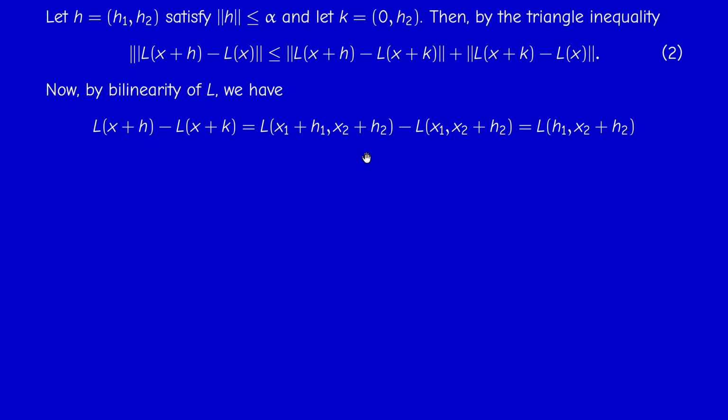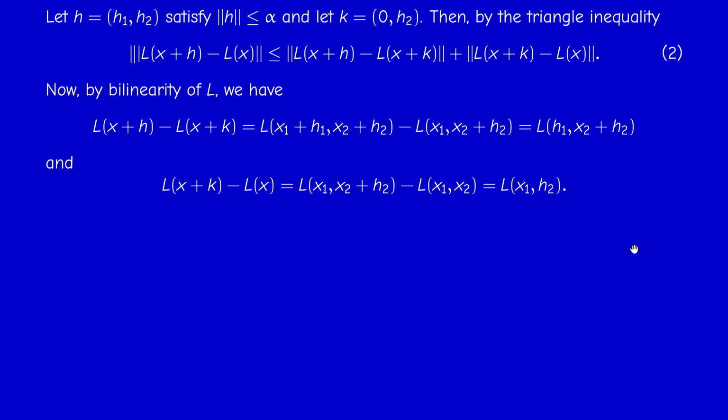The second variable is fixed, it's x2 plus h2. When I do the difference, I get x1 plus h1 minus x1, which is just h1. So this is just linearity with respect to the first variable. Now for the second term, I do the same thing, using the linearity with respect to the second variable, and I get L of x1, h2.